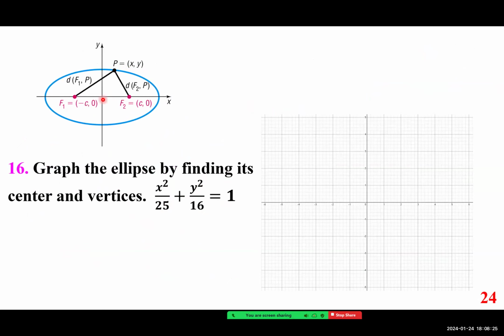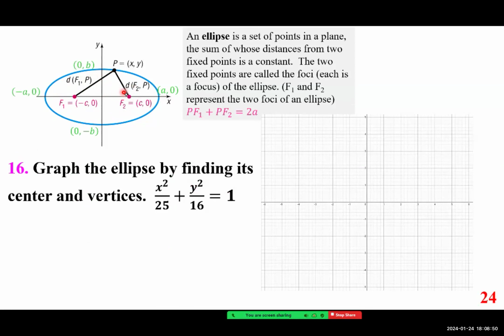If it's centered at the origin, it looks like that. F1 has coordinates negative c comma 0, and this one has c comma 0. So this distance is a, this distance is b, and this distance is c.